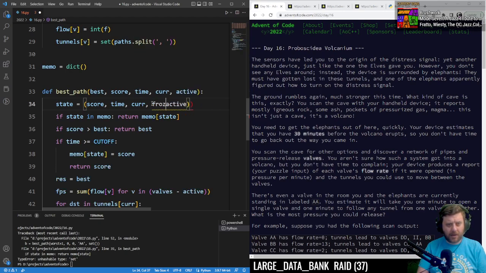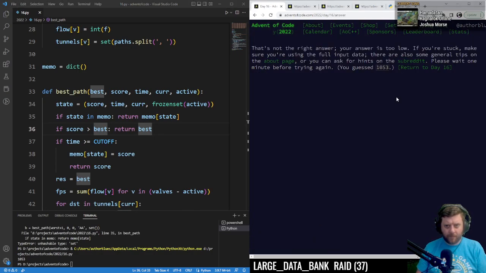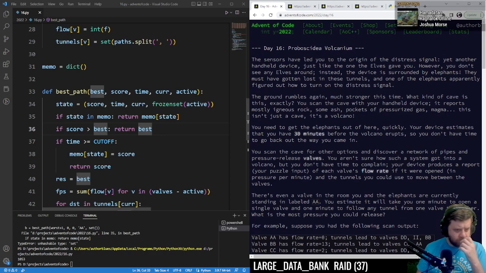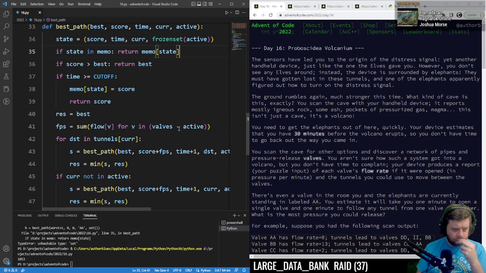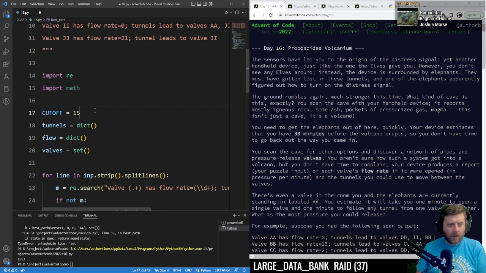Oh yeah, I can just use frozenset, can't I? Oh, I still have it set to 15.